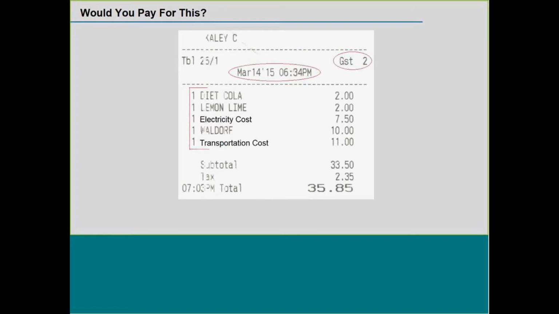What if the transportation cost, the gas mileage that their delivery truck charged the store to bring the fruit, was on your receipt? Would you as a customer be willing to pay for that? Or is the fact that Jamba Juice has to get fruit delivered to them a waste in the customer's eyes?